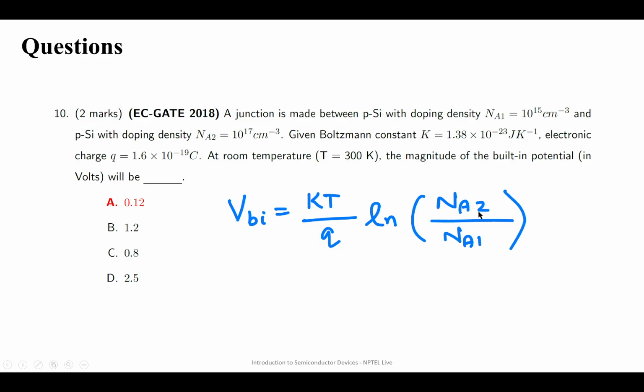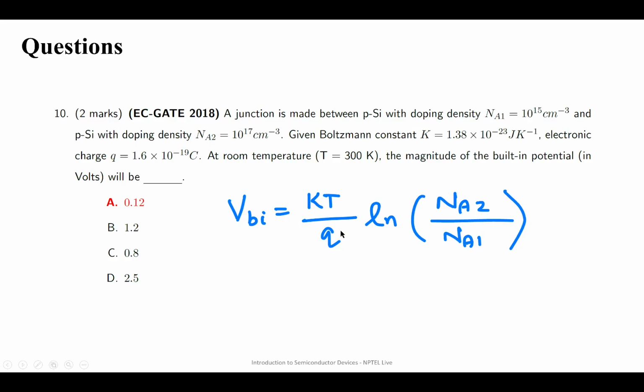So instead of Nd by Ni square, you can write 1 by Na2, and replace Na by Na1.